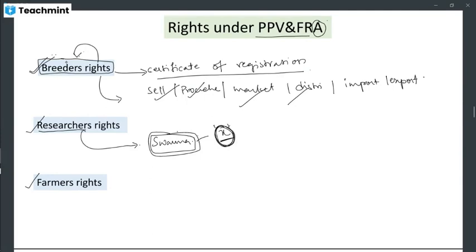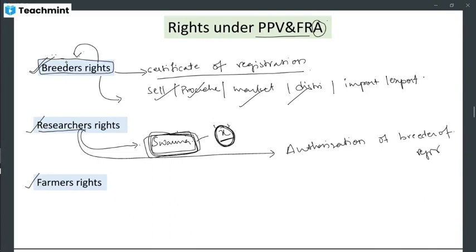So researchers have the right to use this Swarna, but they need the authorization of the breeder of this registered variety, whatever it might be. They need the permission or authorization, and then they can repeatedly use this particular variety in their programs.